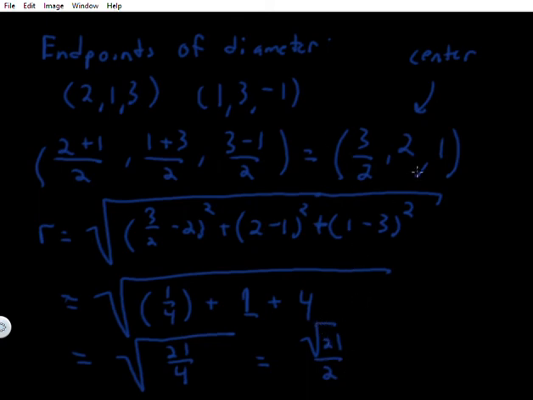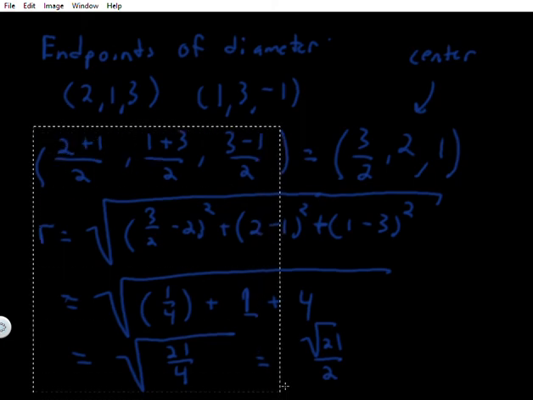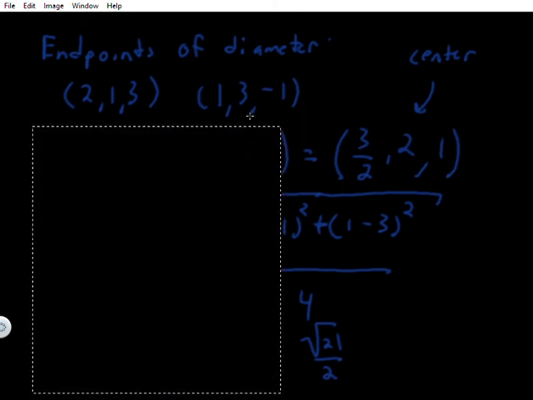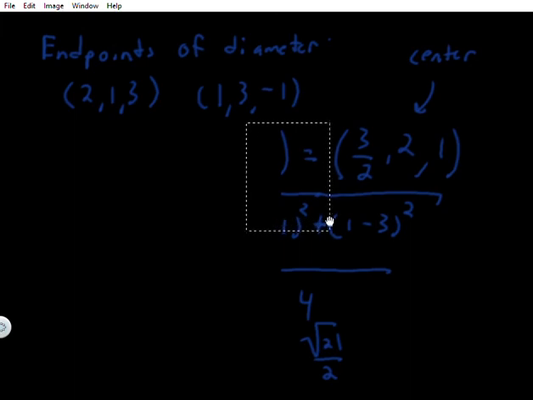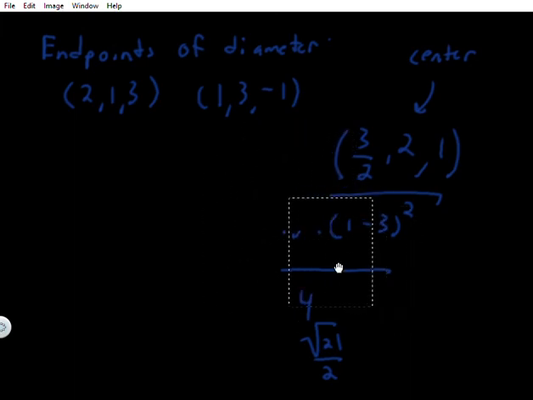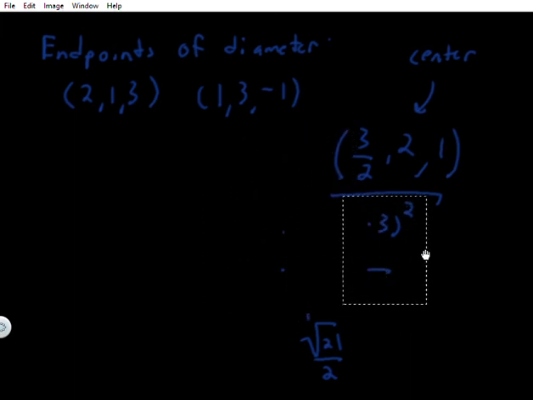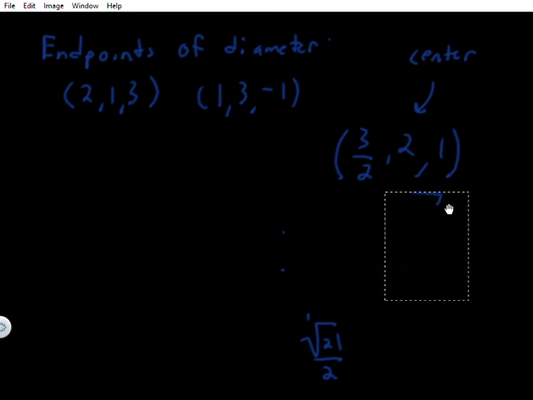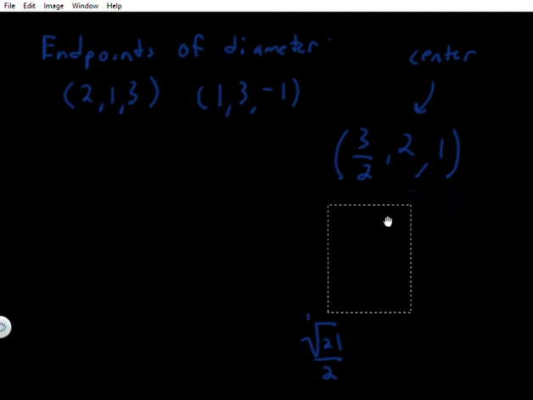So let's just do a quick summary of everything that we know so far about the sphere. I know the center point and I know the radius. And that's literally all we need. That's all the standard equation of a sphere requires us to know. So here's a bit of a drum roll.